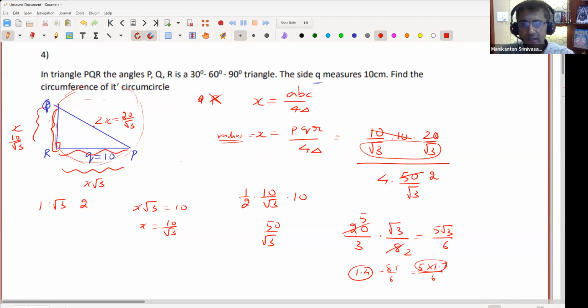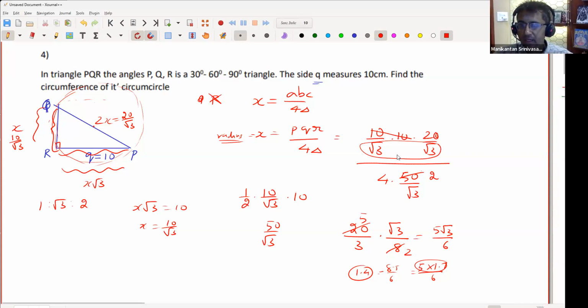Has someone already spotted what the mistake is? Anyone? Anyone has spotted the mistake? Half into 10 into 10 root 3. 50 by root 3. So how did you get 50?